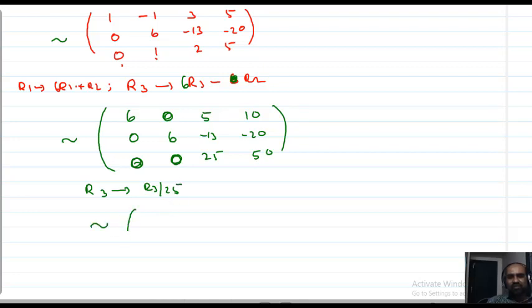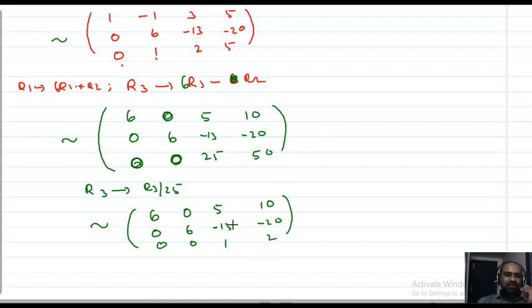Now the problem is completing. One more operation required. 6 0 5 10, 0 6 minus 13 minus 20, 0 0 1 2. Students, listen now. So here I can make 0 directly. Next, R2 changed as R2 plus 13 R1.